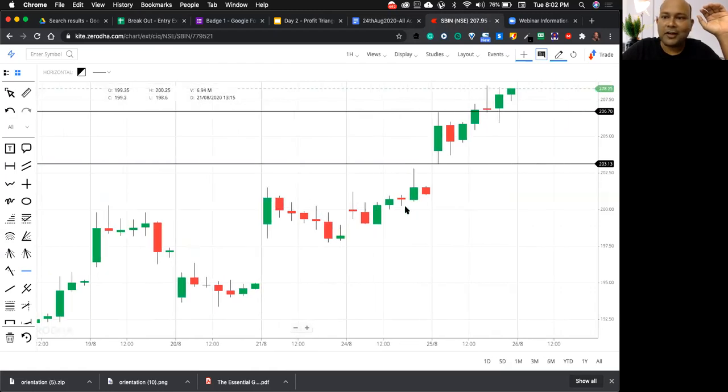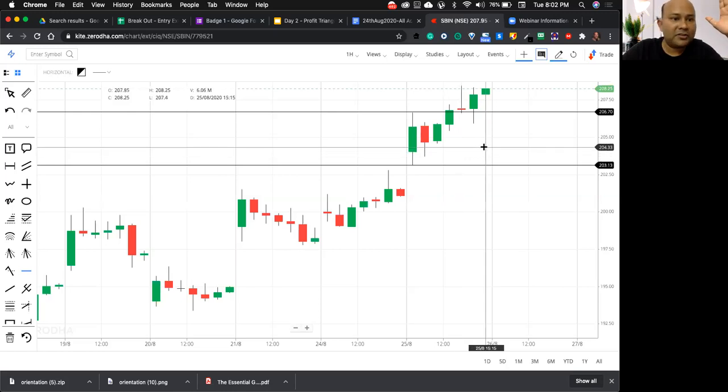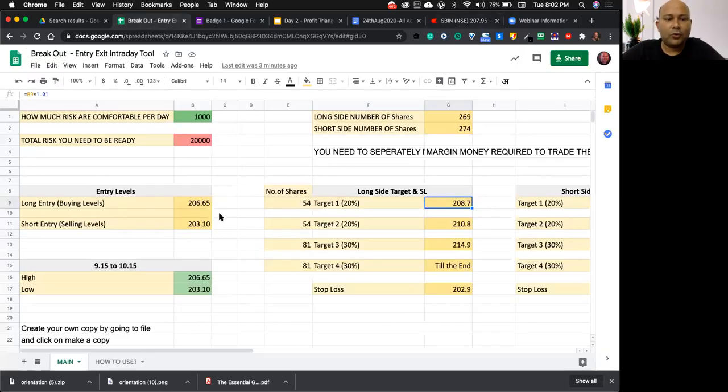No, it has not come. So you will be exiting all your stocks. The first target has not hit in this, but the market has closed at 208.25. All of you write this down: 208.25. You buy at 206, and you sell at 208.